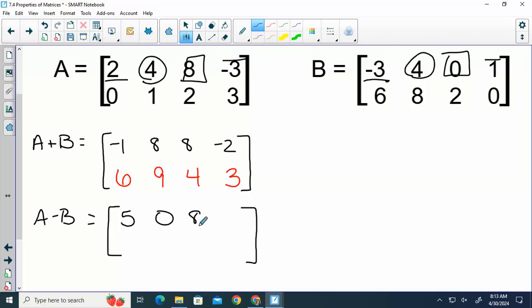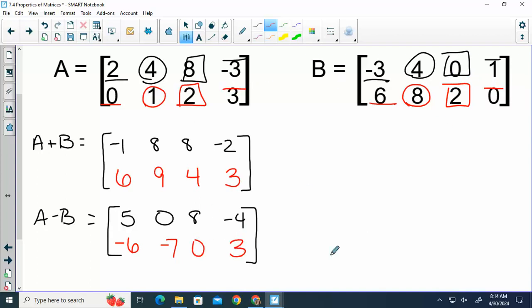Negative 3 minus 1. 0 minus 6. 1 minus 8. 2 minus 2. And 3 minus 0. What would be different if I said B minus A? Yeah, it would just change the sign of all those numbers. It would be the opposite of them. All right, is that one okay?